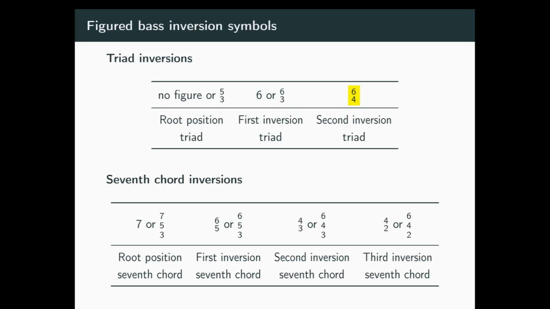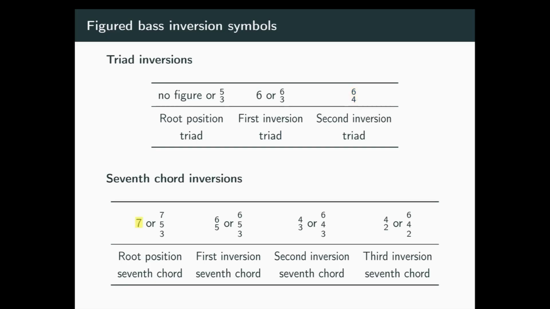For 7th chords, there's a little mnemonic you can remember where you basically just count down from 7: 7, 6, 5, 4, 3, 2, or 4/2. And that gives you root, first, second, and third inversions.